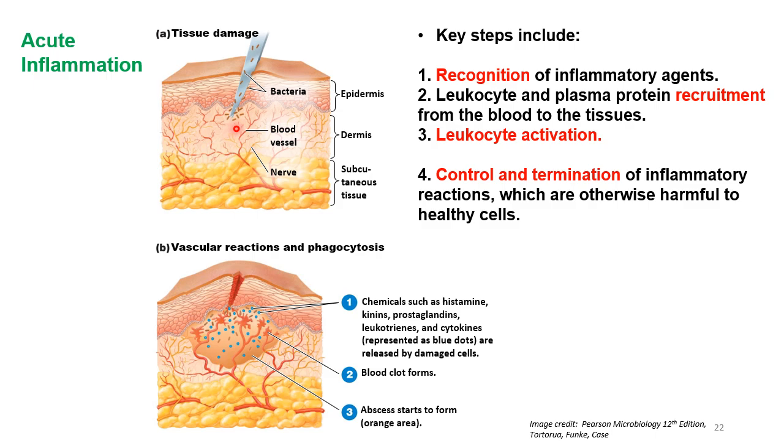When the bacteria come here to the dermis, epidermis is dead stuff mainly. Dermis, you have your blood vessels. And here is where you are going to start signaling white blood cell recruitment. Okay? You are going to start getting swelling. So blood vessels are going to get leaky. They're going to get more permeable.